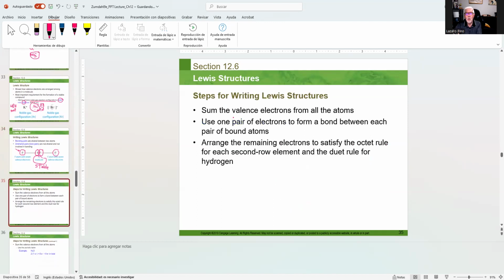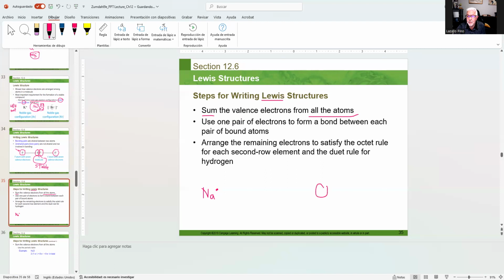Let's see how we can make the Lewis representation. First of all, we sum the valence electrons of all the atoms. Remember, the valence electrons are the electrons in the outermost shell of the atom. For example, sodium has 1 valence electron.